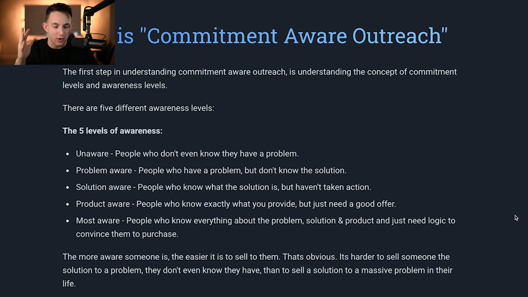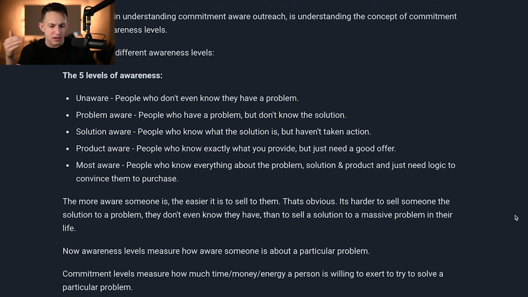Then there's most aware, and these are the people who know everything. They know about their problem, they know about the different solutions, they know about your specific product, but they just need to use logic in order to actually go and make a decision, right? These are the best types of people. These are the best people you want to be working with more than anybody, right? Now, the more aware someone is, the easier it's going to be to sell to them.